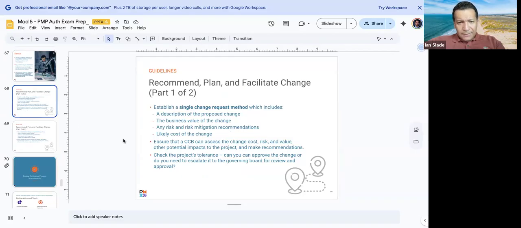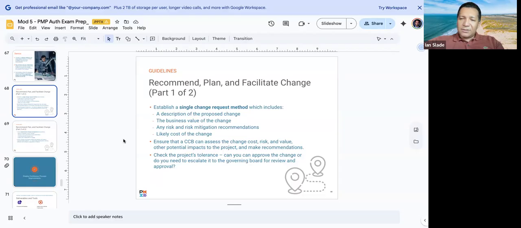So this is talking about change management. This is a really good tip. If you're doing a change request, make sure you're asking for one topic per change request. A lot of times people like to bundle different asks in one change request. And the problem with that is, let's say you have 3 items in the change request.